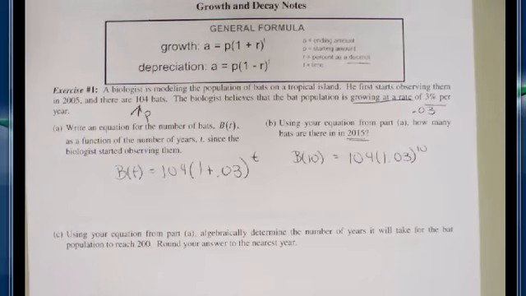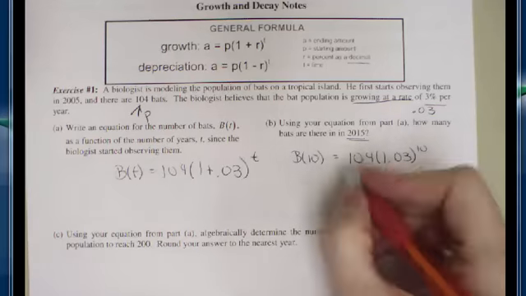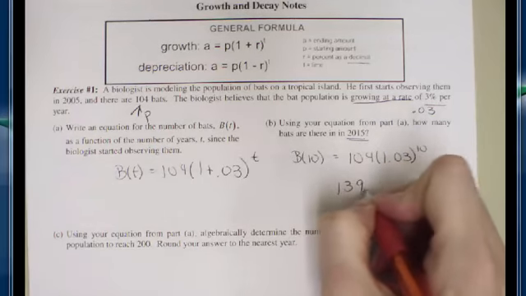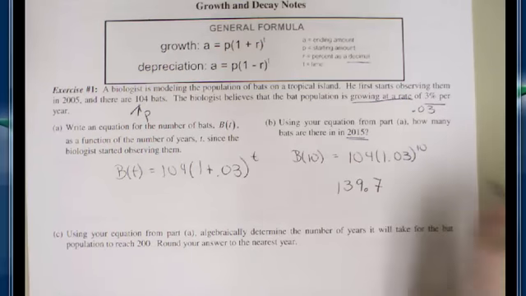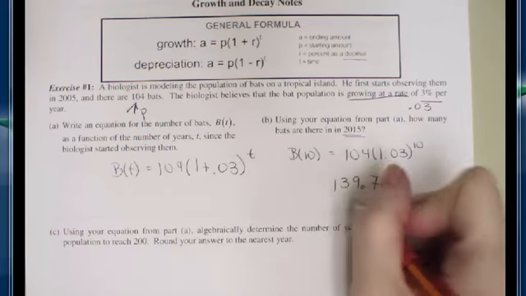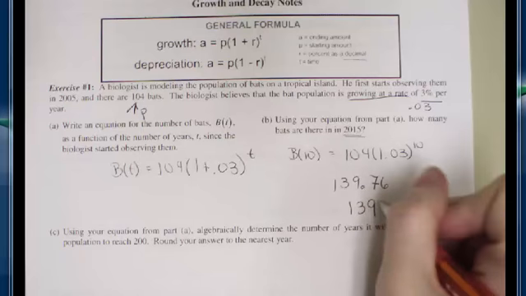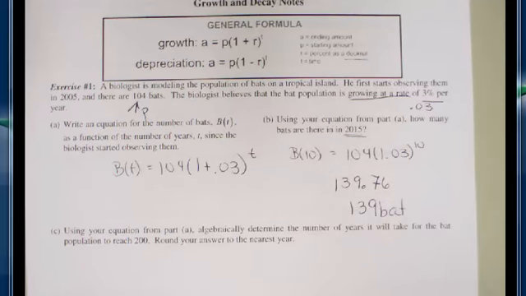So getting a new document, we're going to say 104 times 1.03 raised to the 10th. And I have 139.7. Now, you can't have half a bat, so you will say that there are 139 bats.